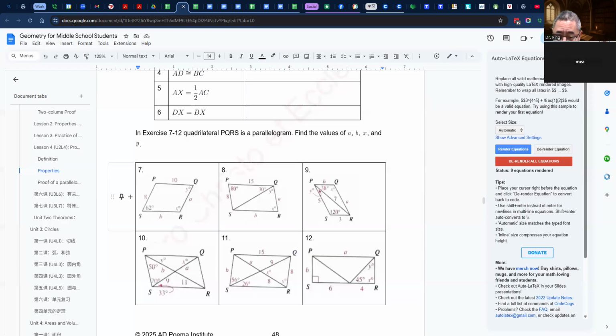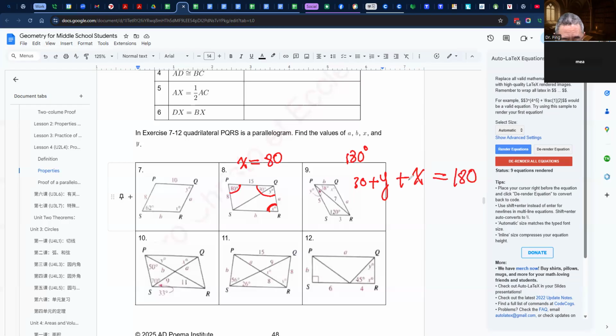Well, A is good, B is good, but the X here, you can see this is X. X is corresponding to that. So actually, X is equal to 80. Now, how about Y? Well, we know this whole thing here should add up to 180 because they are parallel. So therefore, 30 plus Y plus X should be 180.